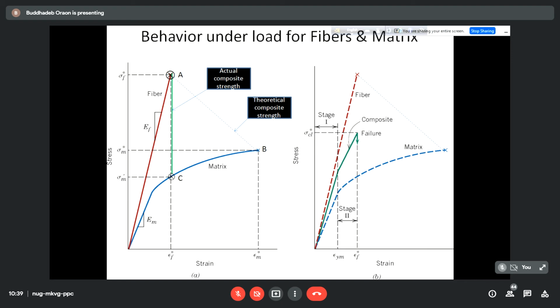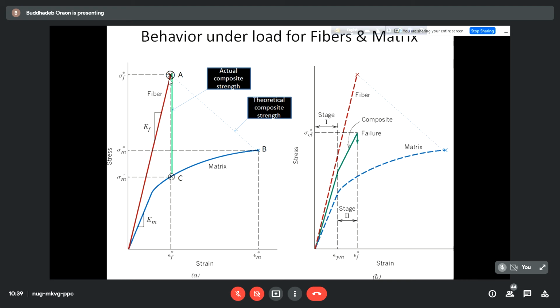Now another point to be noted is that, if you look at the left hand diagram, normally we have 2 points A and B here. Now if you just follow the rule of mixture, you will get the composite strength on this particular line AB.